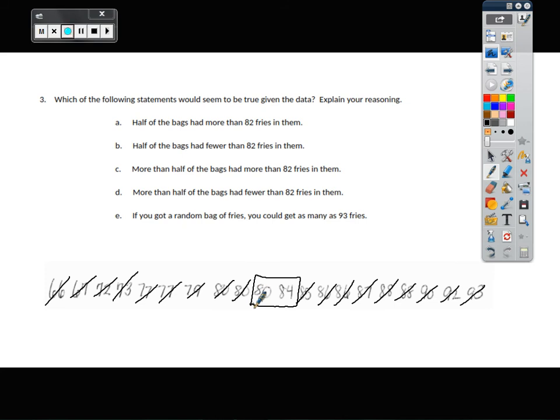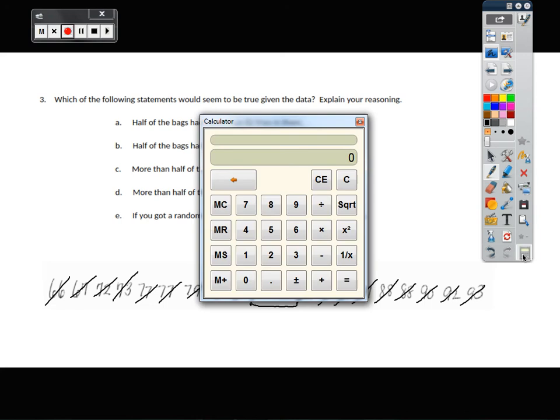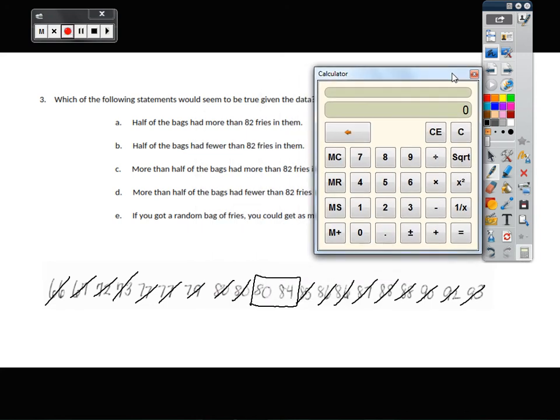So when you have two middles, you have to find the middle of those two numbers, and you can do it mathematically by adding them together, which is 164, and dividing by 2 because you added two numbers together. You're really finding the mean. And the median, therefore, is 82.